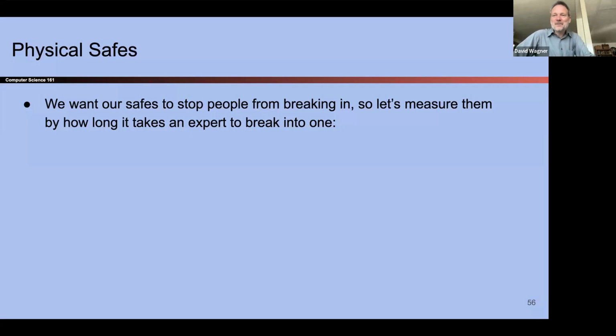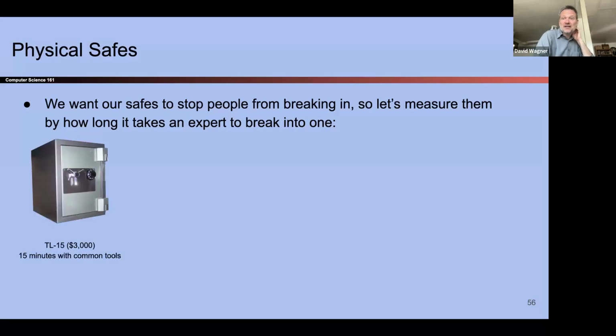Maybe you have some critical documents or some valuables you want to store in a safe. Well, there's a standard scale for evaluating safes and how much protection they provide. The lowest level of the rating is TL15.